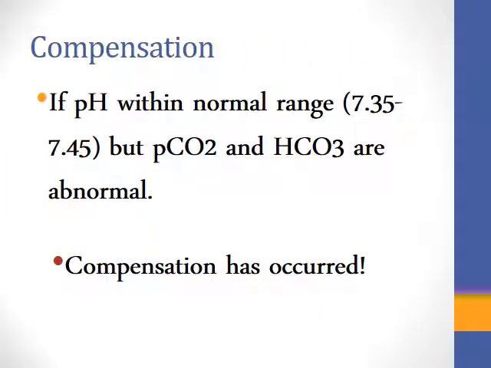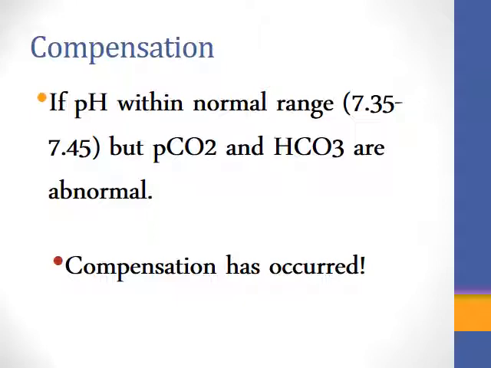So with compensation, if your pH is within normal range, and by now you should have memorized that your pH is 7.35 to 7.45, but your PCO2 and your bicarb, or your HCO3, are abnormal, then compensation has occurred. Okay? So if my pH is normal, but my other two are abnormal, then compensation has occurred.